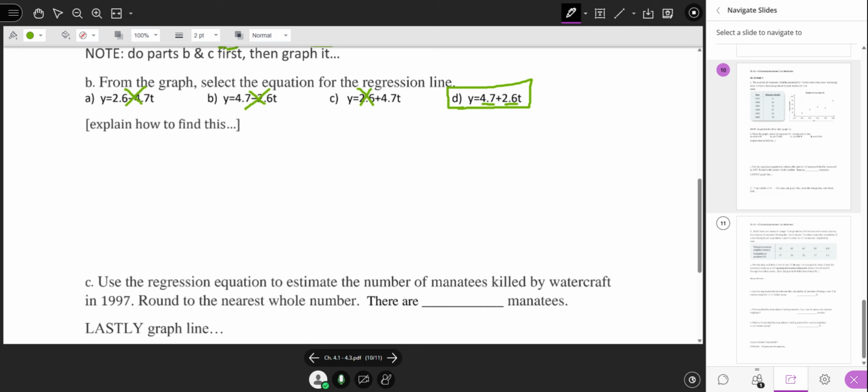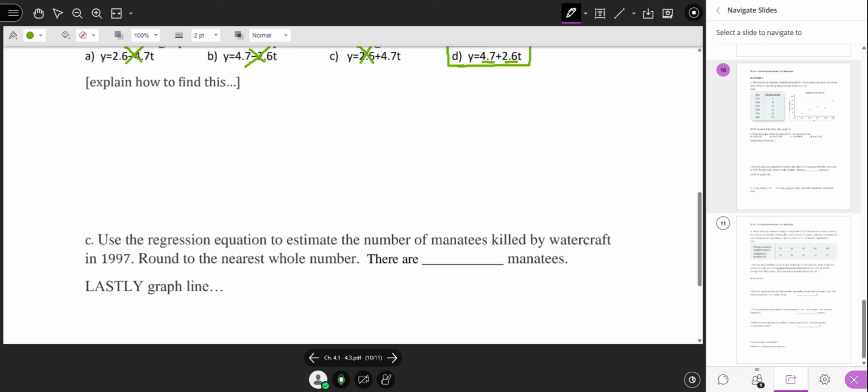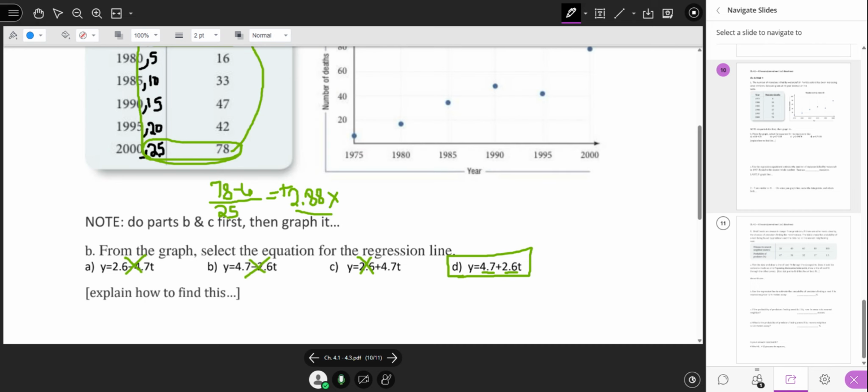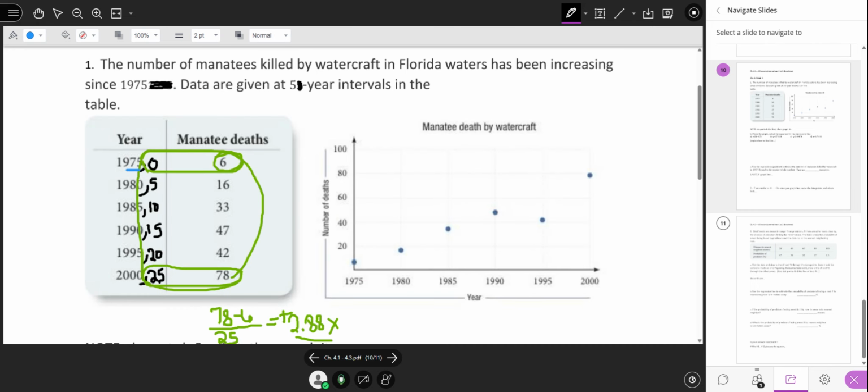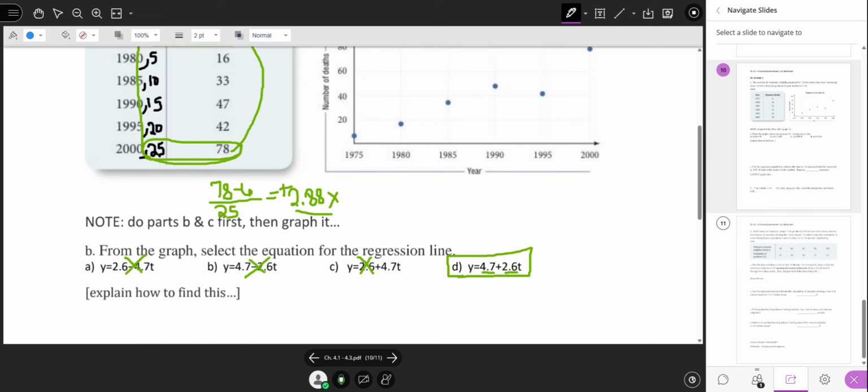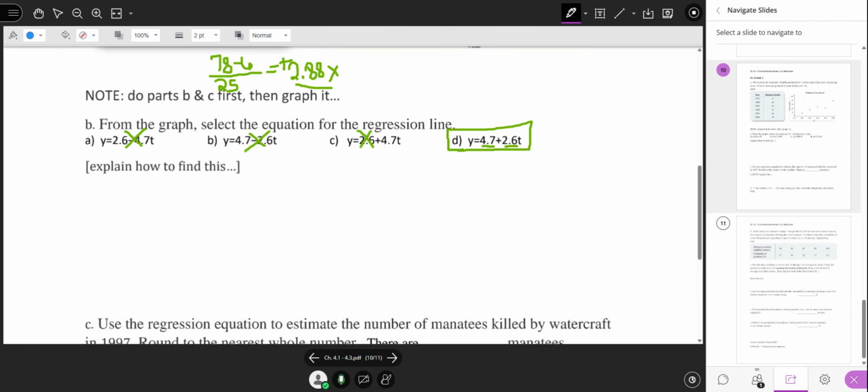Now, use this regression equation to estimate the number of manatees killed by watercraft in 1997. 97 is how many years after 1975, our beginning year.